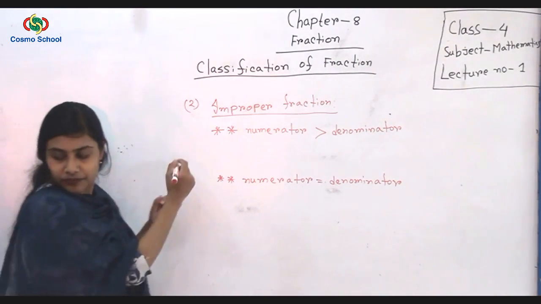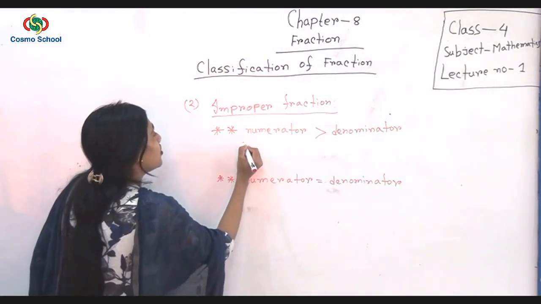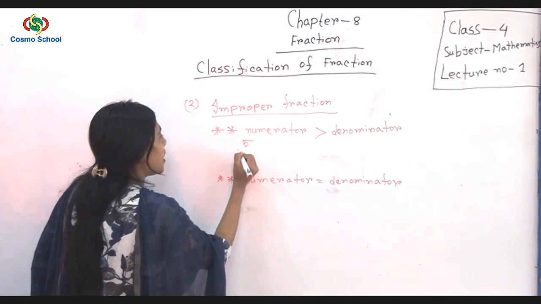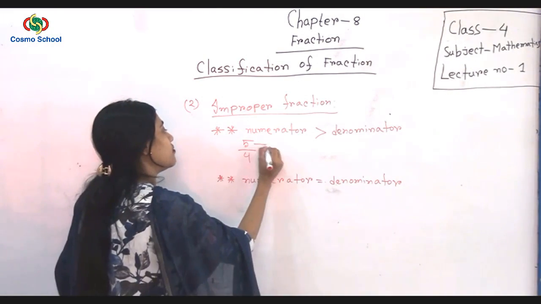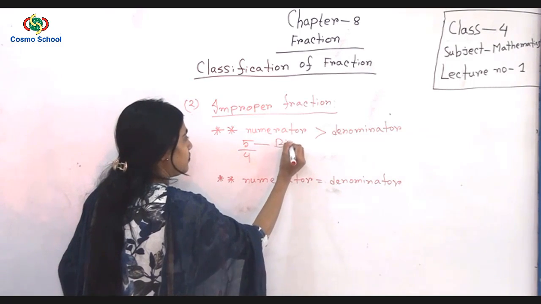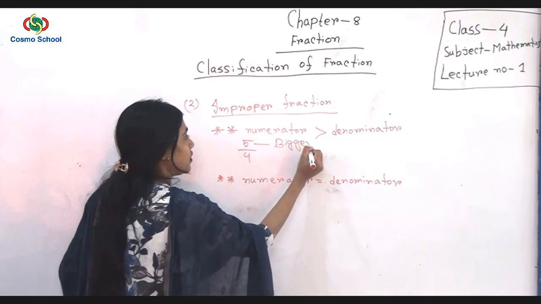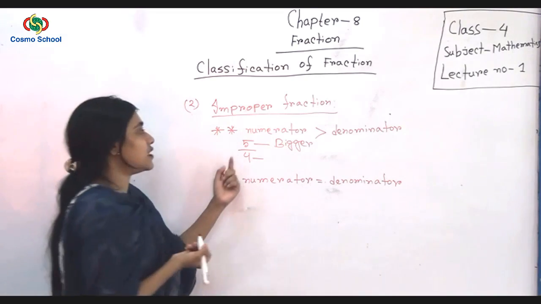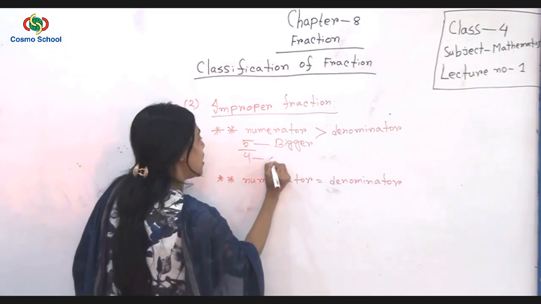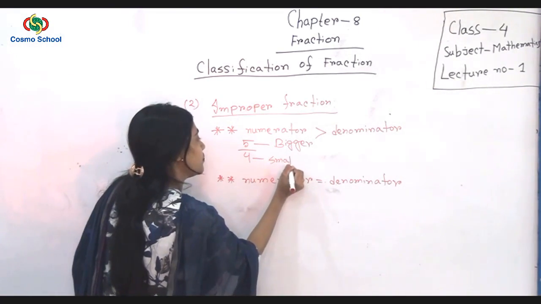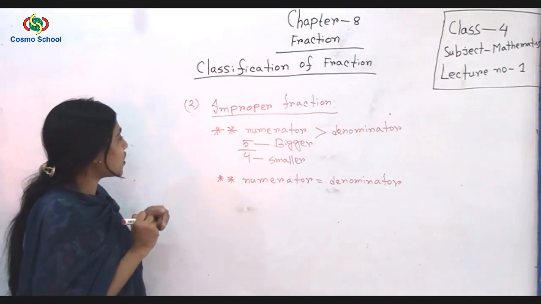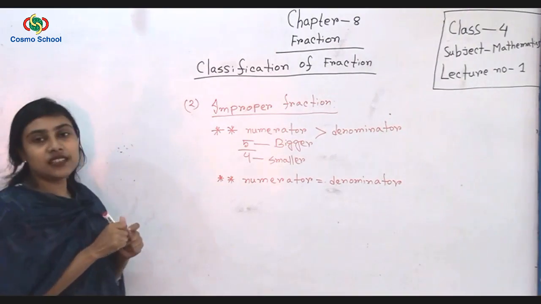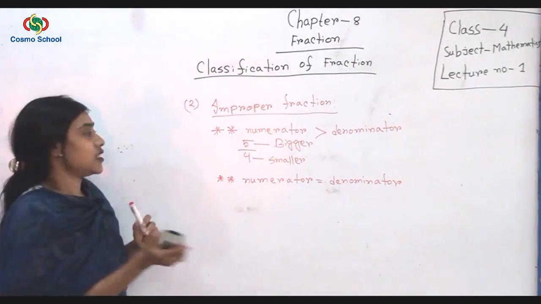Here, 5 divided by 4. Here 5 is the numerator, it is bigger, and 4 is the denominator, it is smaller. Then I can call 5 by 4 an improper fraction.